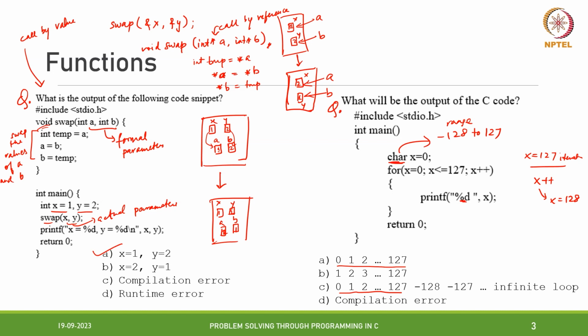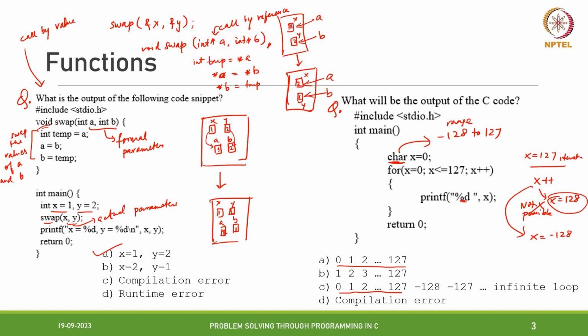A char variable can have only a range from minus 128 to plus 127, so ideally x should be 128, but that is not possible. Instead the value will roll over and become minus 128.